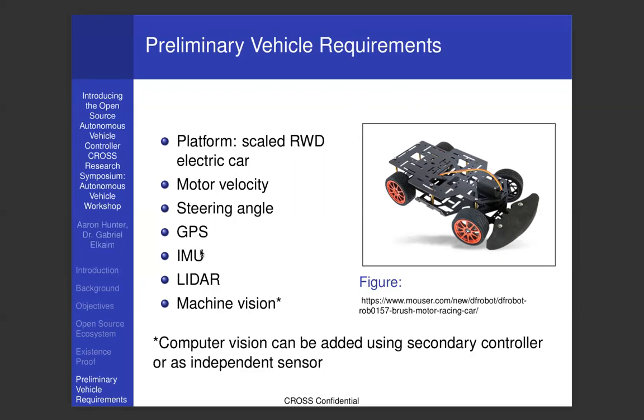The sensors required to operate this vehicle will be the motor velocity, or velocities in the case of a dual motor car, the steering angle itself, as well as some localization technologies. A GPS will almost certainly be implemented. The IMU, which I discussed, will be part of the project, so it inherently is there. And then the potential for LiDAR or machine vision will be integrated for the higher level control that we discussed earlier.